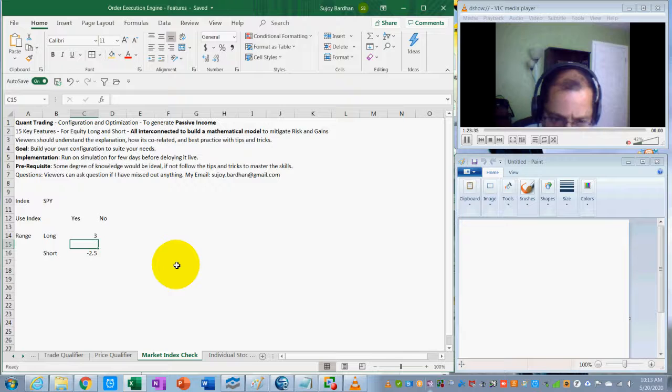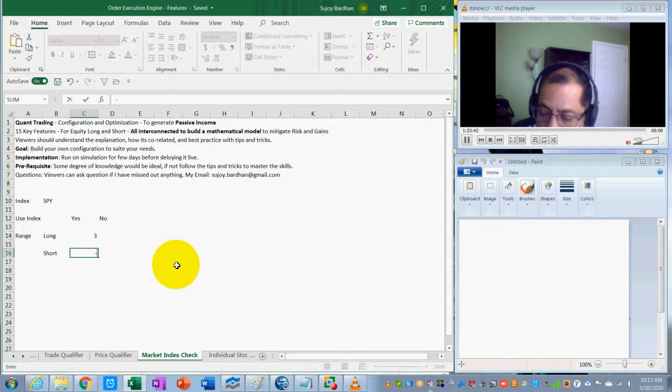On the short side you can say, I will consider short positions if it is below minus 1.0%.